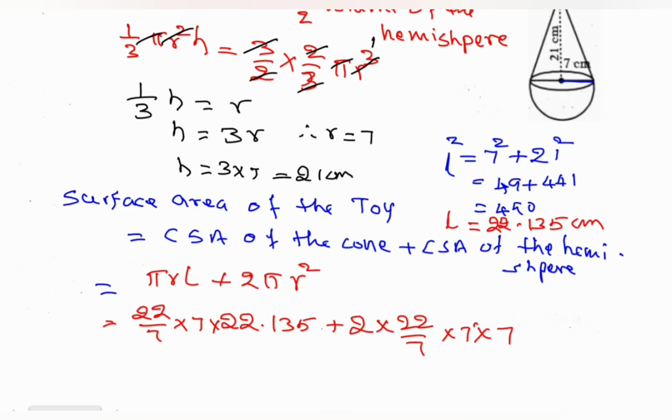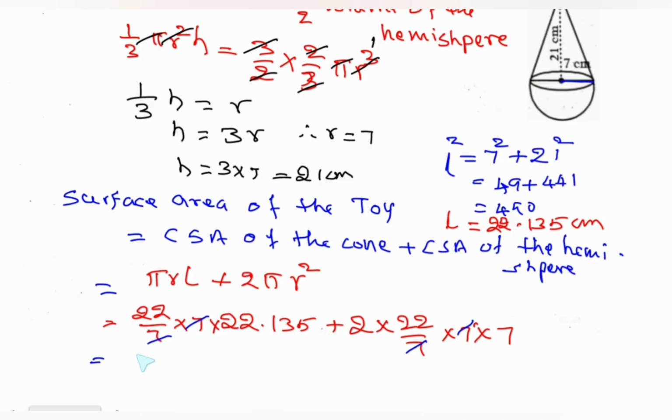Here 7 and 7 get cancelled, and here also 7 and 7 get cancelled. This equals 22 into 22.135.